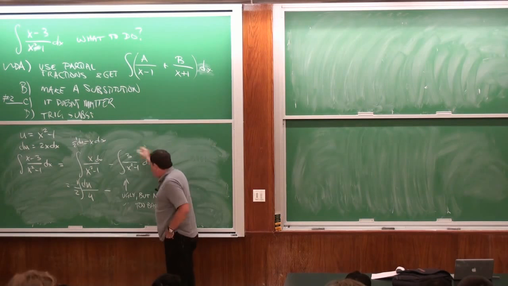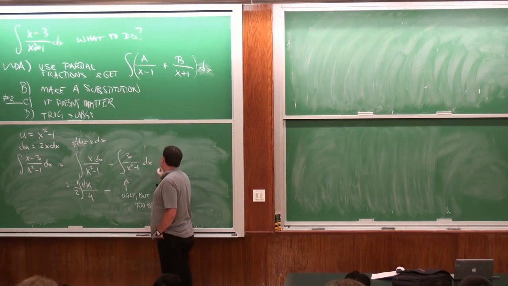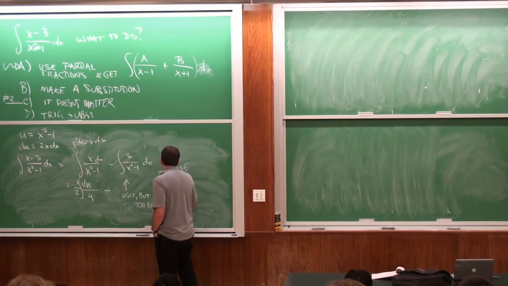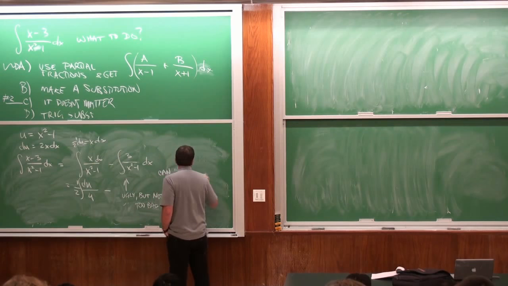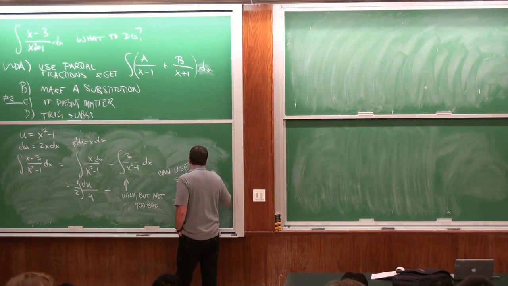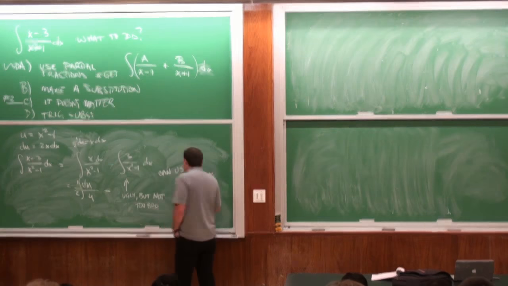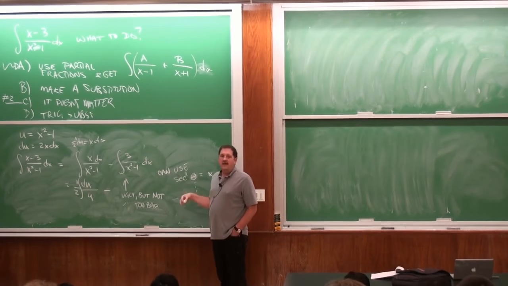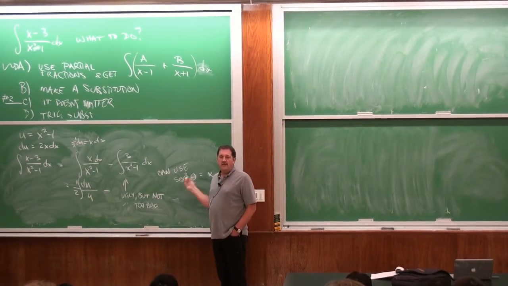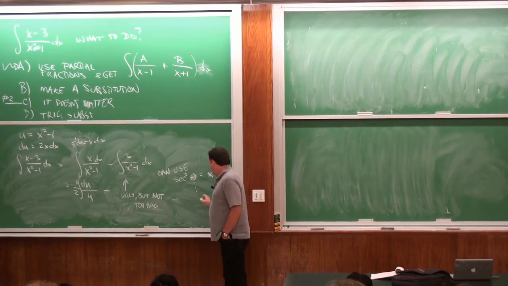I mean, here if you have this, you can do this. So I can use a trig substitution that secant squared theta is x, and then I get the integral of a cosine squared, and then I turn that integral into cosine squared with a half-angle formula, and it works.